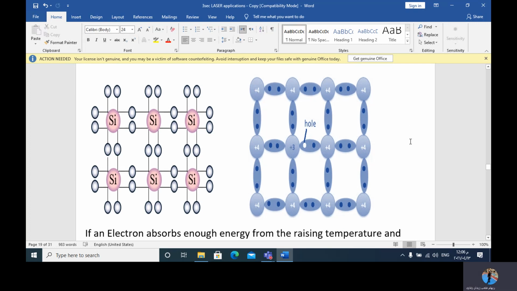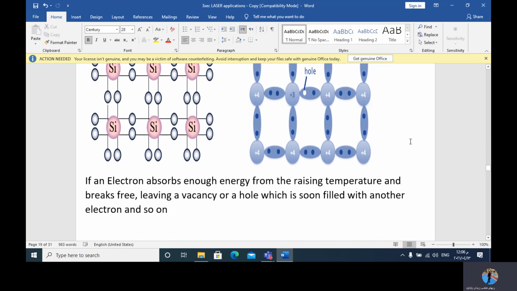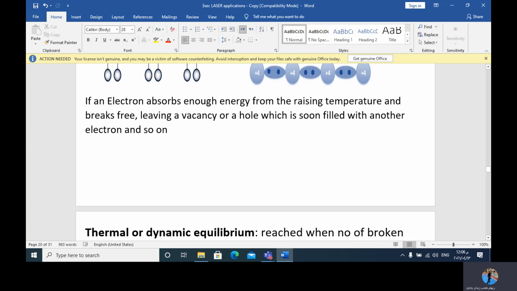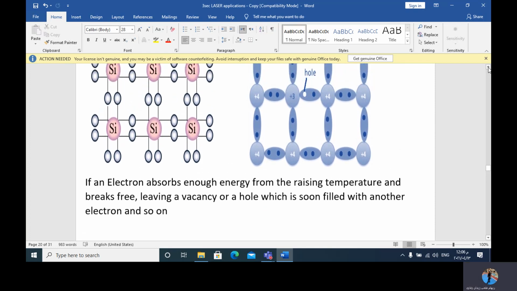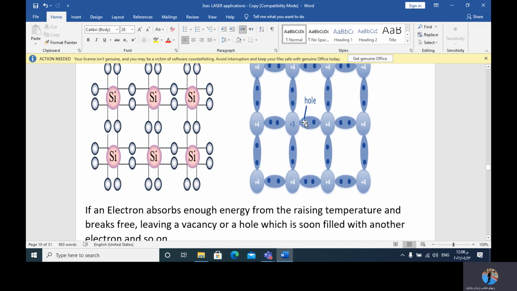Now here is the mechanism. An electron absorbs enough energy from raising temperature and breaks free, leaving a vacancy or a hole, which is soon filled by another electron, and so on. This can be explained as follows: this hole is a place which was occupied by an electron. Now it is missing an electron, so it might snatch an electron from here.